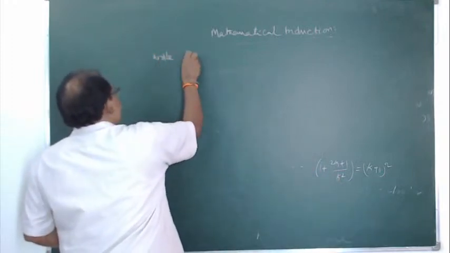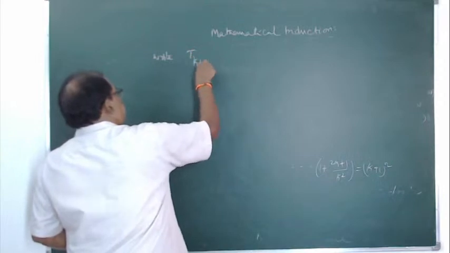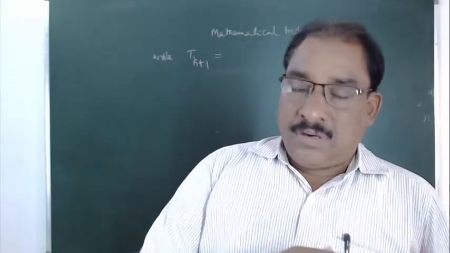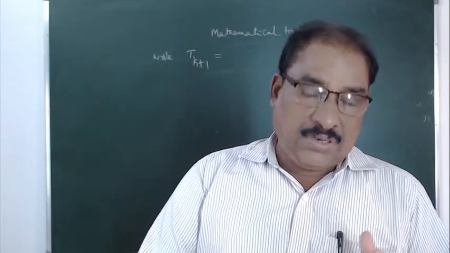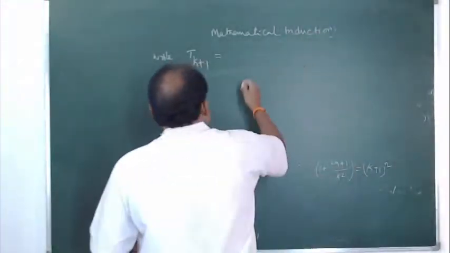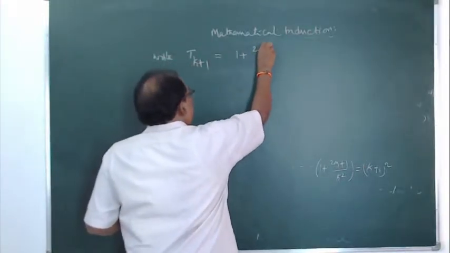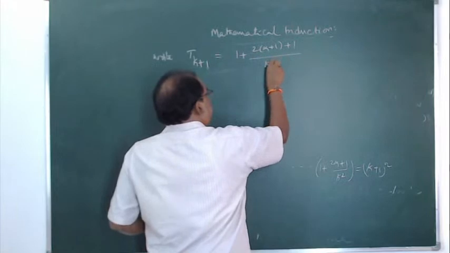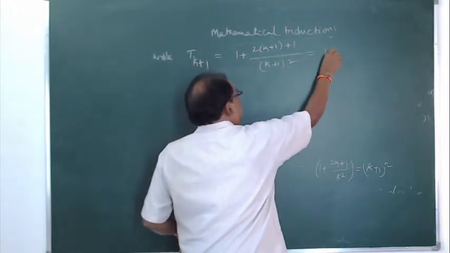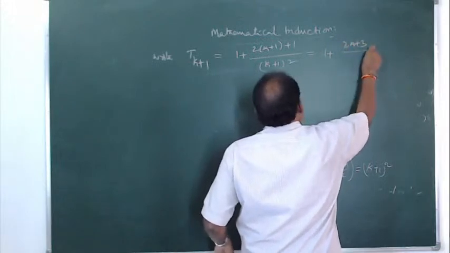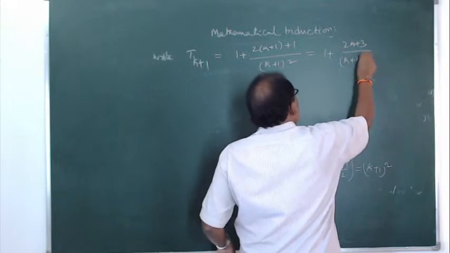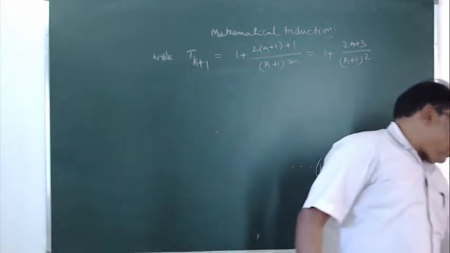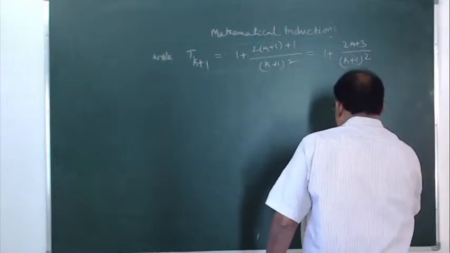Replace k by k plus 1, we get 1 plus (2k plus 3) by (k plus 1) whole square. This is the (k plus 1)th term.